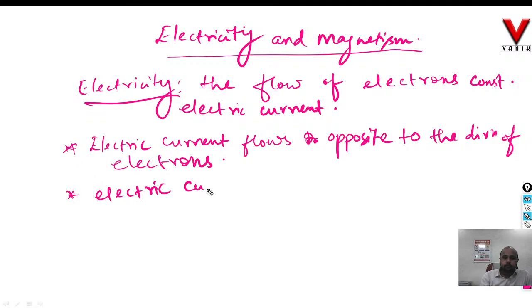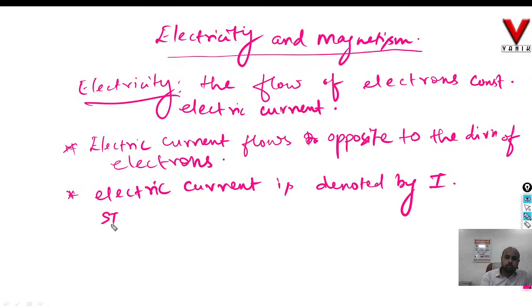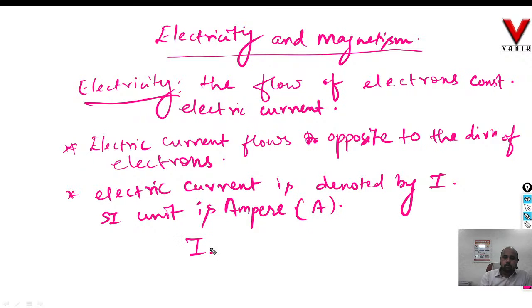Electric current is denoted by capital I. SI unit is ampere, denoted by capital A. I is Q by T. This is coulomb per second, ampere.